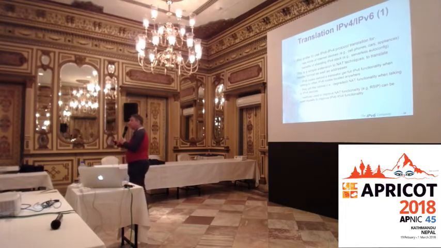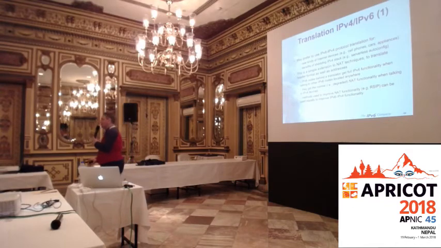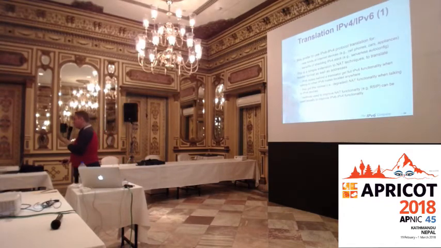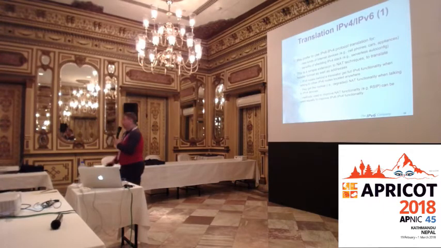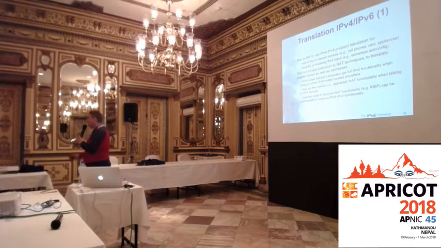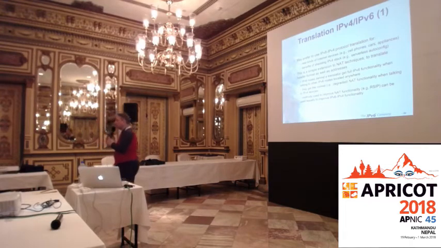So it doesn't scale. And we decided to get rid of, so to deprecate that protocol and say, hey, we don't need translation mechanisms. And yes, it's true, we don't need translation mechanisms if we had started to deploy IPv6 earlier.